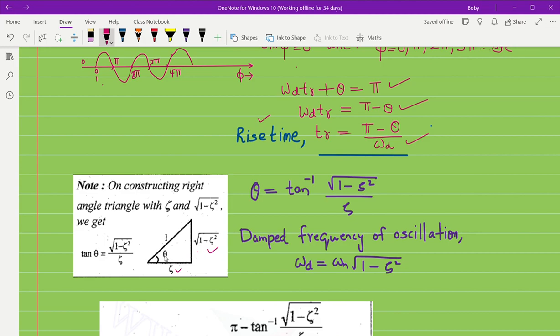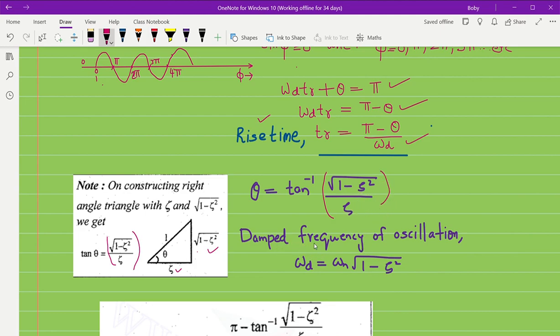So tan theta is equal to the opposite side by the adjacent side, that is root of 1 minus zeta square divided by zeta. Theta is equal to tan inverse of root of 1 minus zeta square divided by zeta.